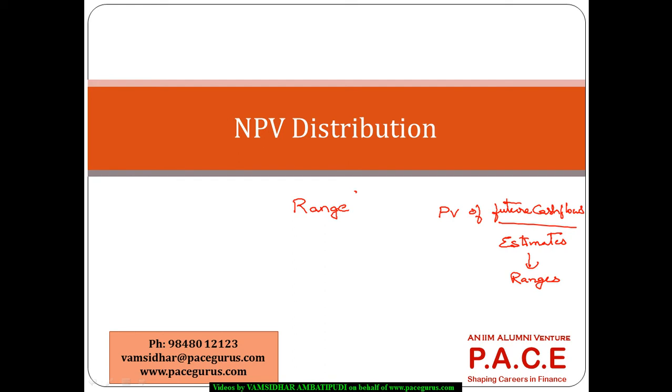So how do I get into the typical construction of the distribution or the ranges of these net present values? There are two commonly used mechanisms. One is scenario analysis, where we create different kinds of scenarios and evaluate them for arriving at NPV.